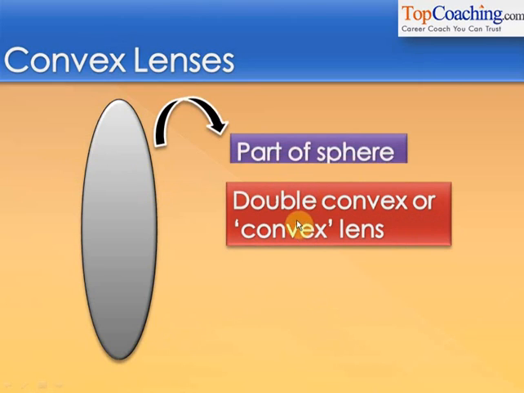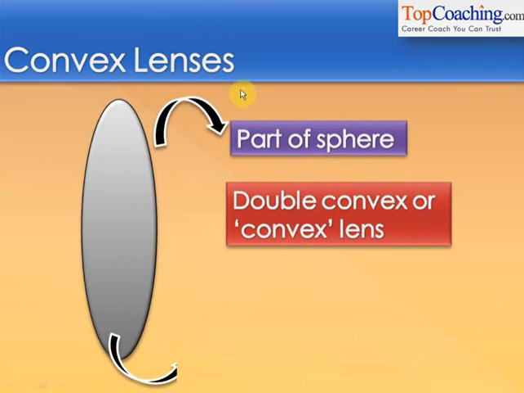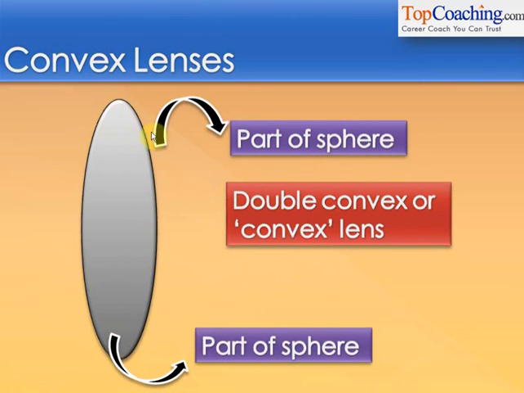This is the first curved surface and this is the second curved surface. You can say both these curved surfaces are part of a sphere. So if you take a large sphere and you break it into parts, then one part forms the right side of this convex lens and one part forms the left side of this convex lens.